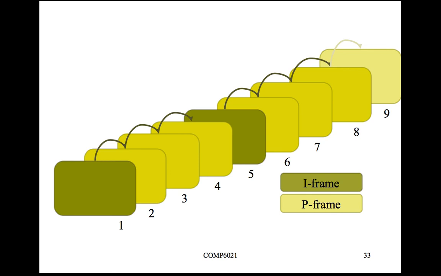Because of that threshold, because you're not trying to make a perfect frame each time, the quality is going to degrade over time. That's why you need that I-frame to start all over again and pick up the quality. You can actually pause video and go frame by frame.